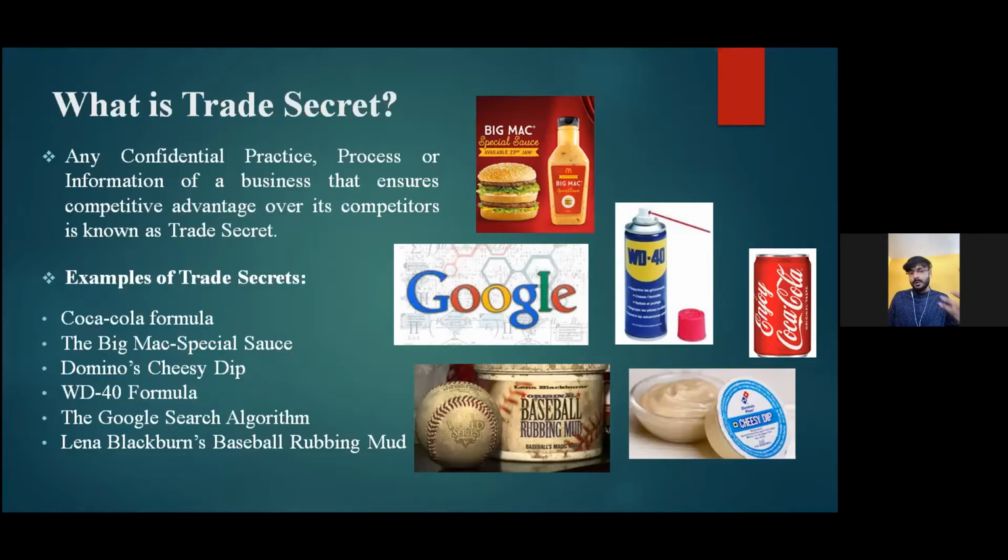How it is manufactured is a trade secret. Lena Blackburne's baseball rubbing mud is also an open trade secret, and the Big Mac's special sauce is also a trade secret. These are simply a few examples of trade secrets.